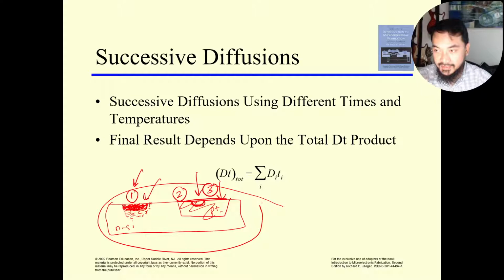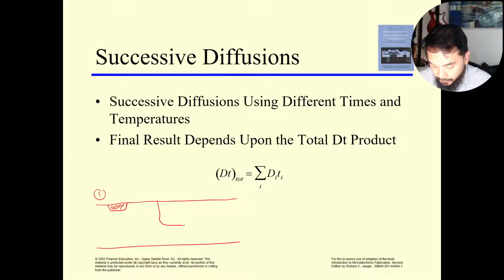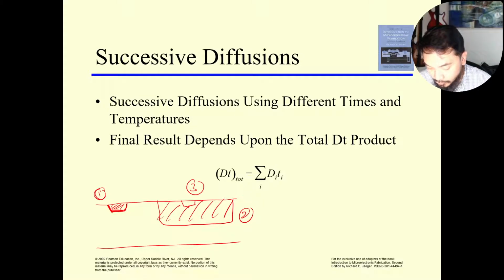So when you design your fabrication process, you have to take this into account. Let's use the same example, same structure. You first do this diffusion, then followed by this diffusion, and then followed by this diffusion here. So in order to make sure that the profile here is accurate, for the first diffusion, you have to consider that the whole device will go through the second and third diffusion as well.